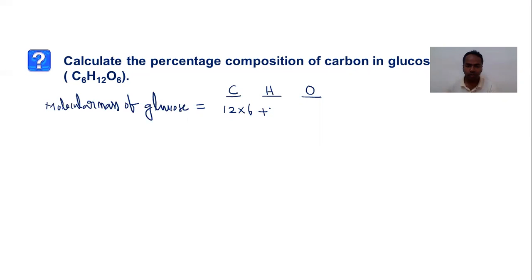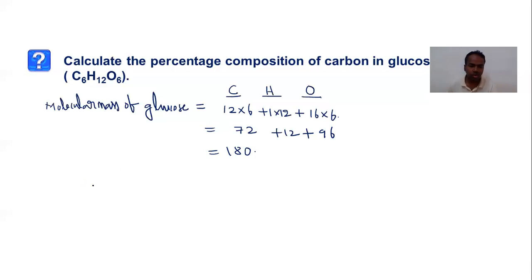Each hydrogen atomic mass is 1, and how many hydrogens are there? 12. Plus each oxygen atomic mass is 16, and how many are there here? 6. So this is 72 and 12, and this is 96. It is total 180. So I want percentage carbon.